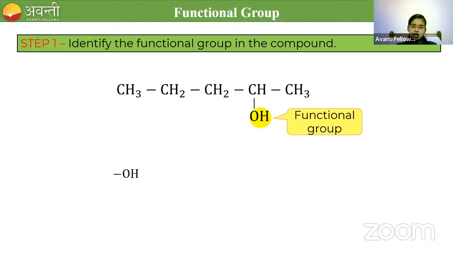So can anyone tell me the name of this class of compound? What is the name of OH containing compound? OH containing functional group is called alcohol. The class of compound is alcohol. Very good.